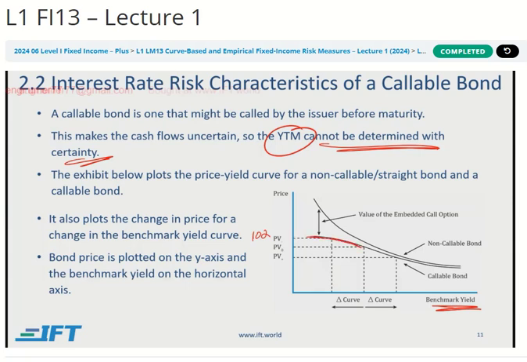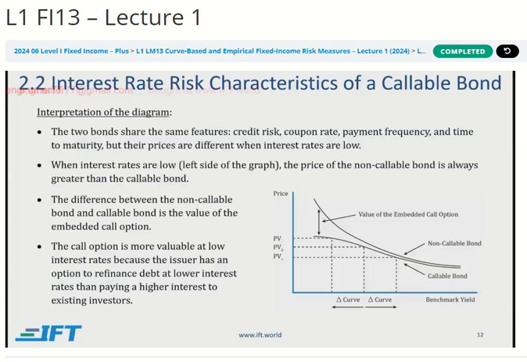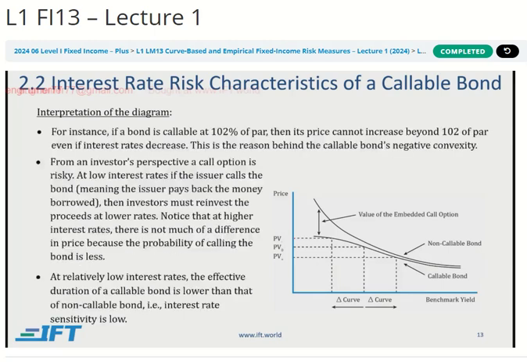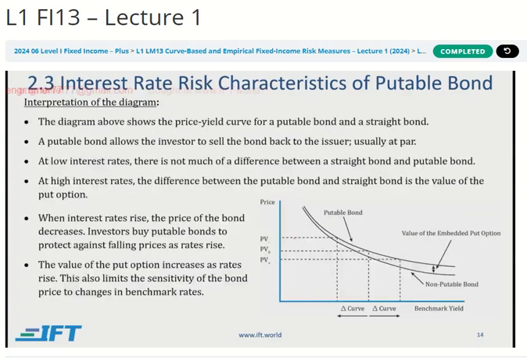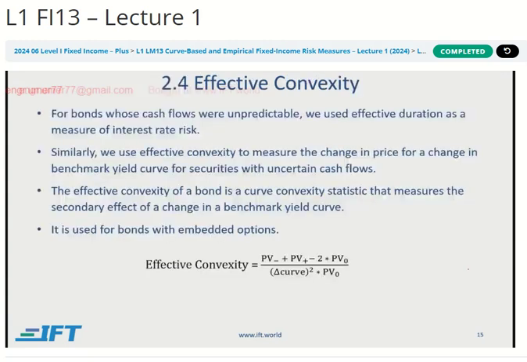The company will call it back, right? So it is not going to display the normal behavior that we saw. A callable bond does not go above that callable price when interest rates go down. And with puttable bonds, if it is puttable at 99, it just stops falling and doesn't fall below that, right? So this is what happens.